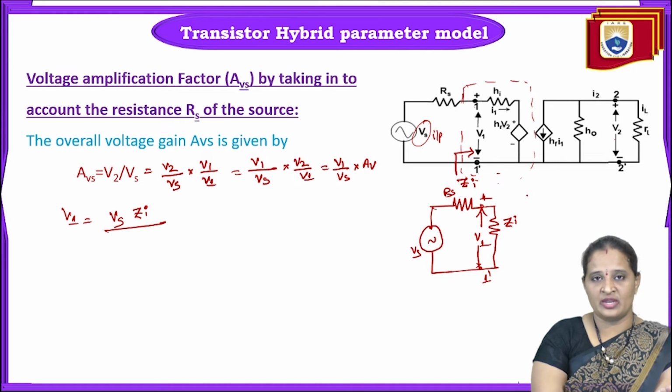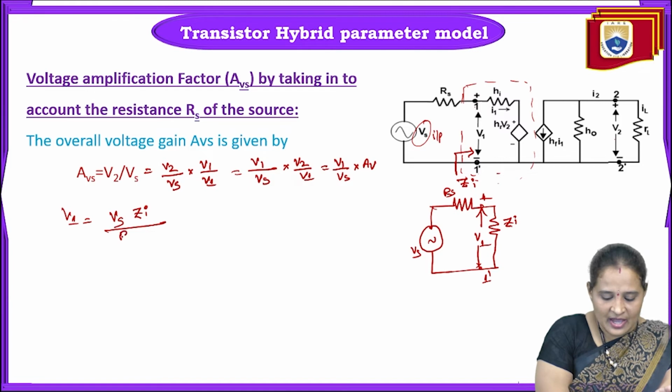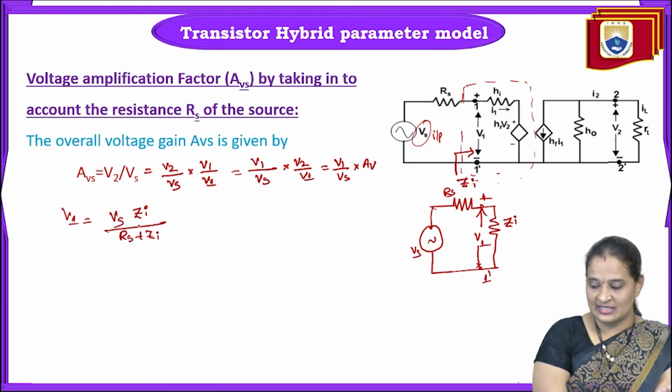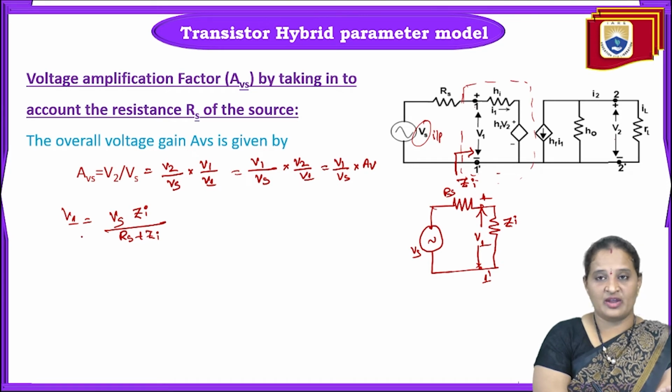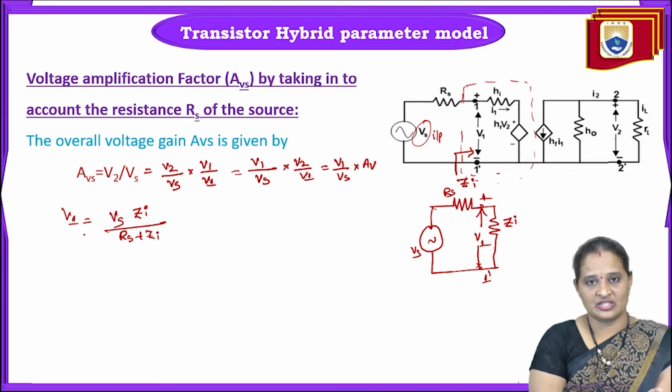How many resistances are connected here? Two, that is Rs and Zi. So Rs plus Zi. That is V1 according to the potential divider principle.